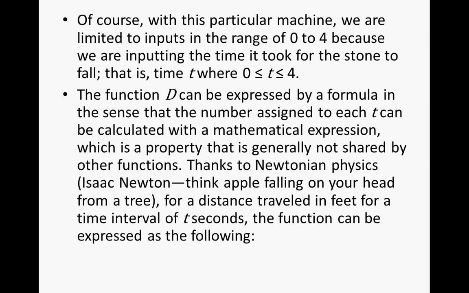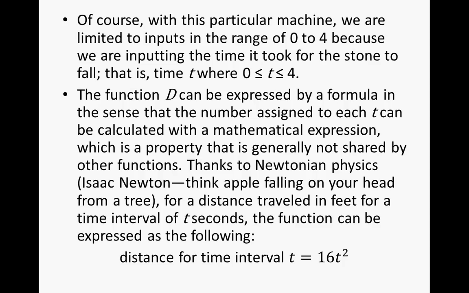The function d can be expressed by a formula in the sense that the number assigned to each t can be calculated with a mathematical expression, which is a property that is generally not shared by other functions. Thanks to Newtonian physics, you know, Isaac Newton, the apple falling on your head from a tree, for the distance traveled in feet for a time interval of t seconds, the function can be expressed as follows.